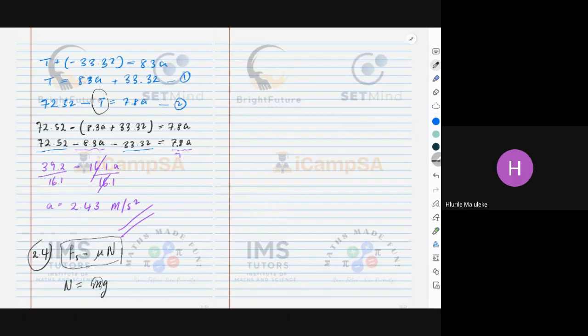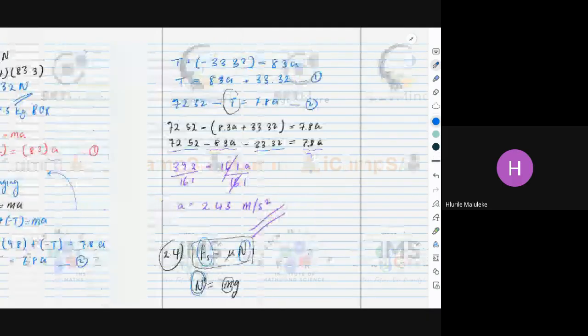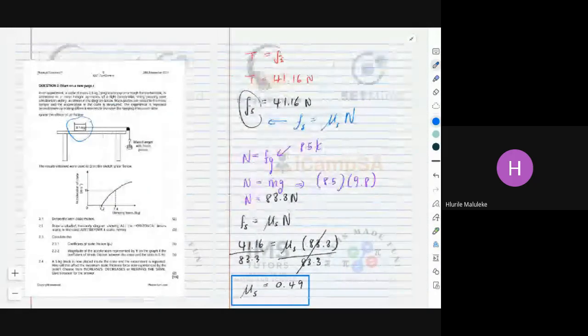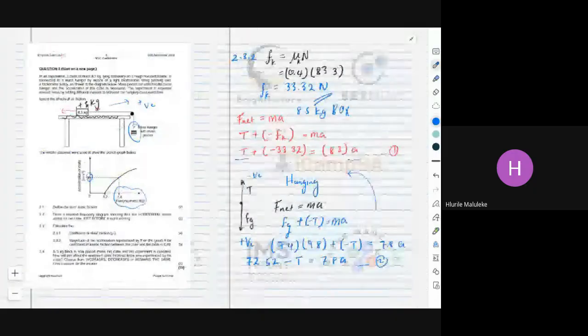So if we increase this mass here, we're actually increasing N, right? This is the N that we're increasing. What would happen to this maximum static friction? That means also it would increase. So let me make an example for you. Let's say the static coefficient that we had was 0.49, right?